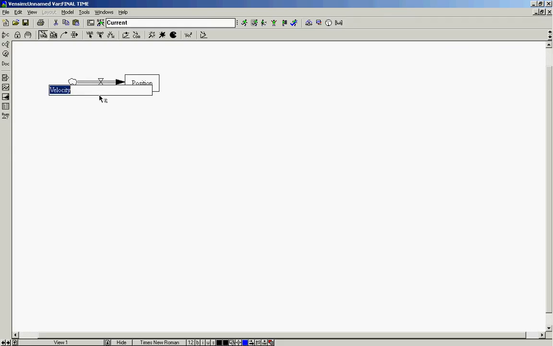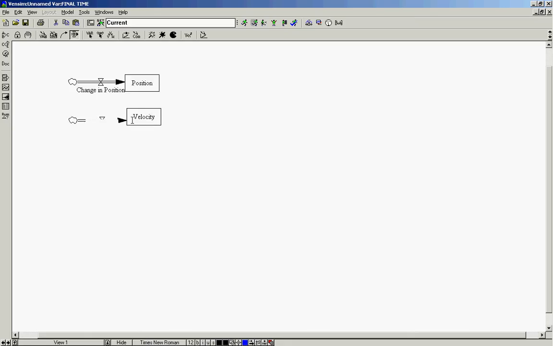To make it a bit clearer, I'm going to call it change in position, and then I will create another variable called velocity, and that will be a stock, and then I'll have a change in that called acceleration.